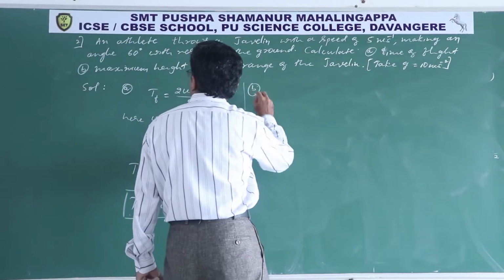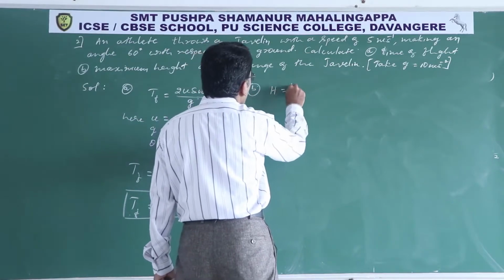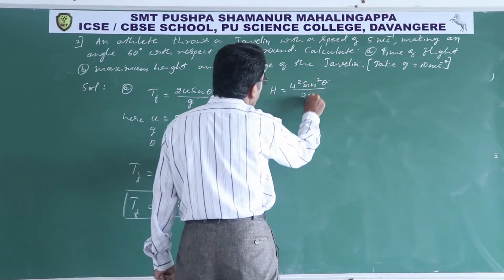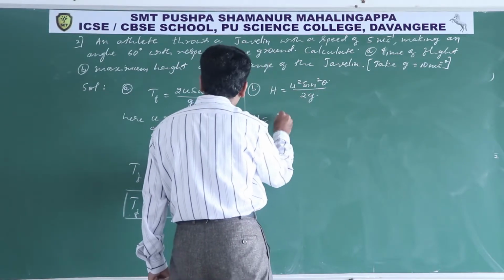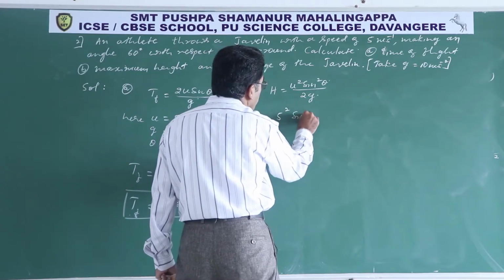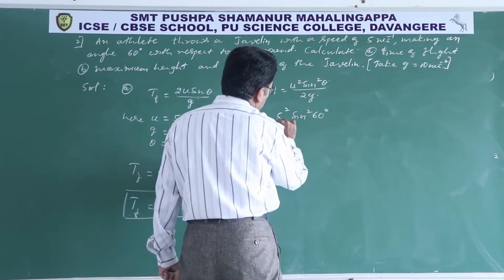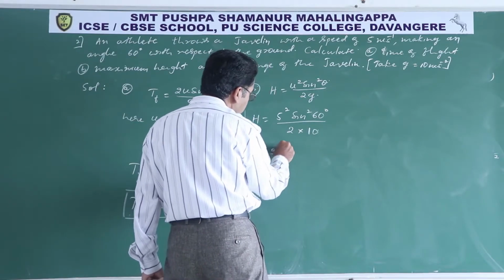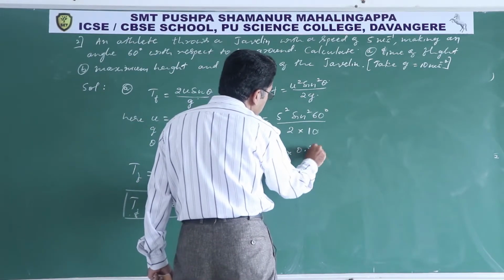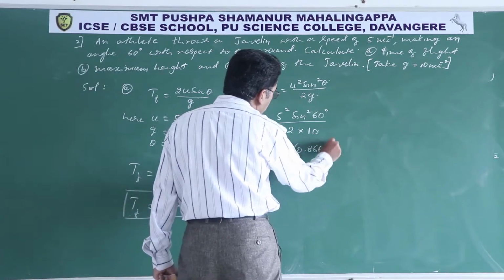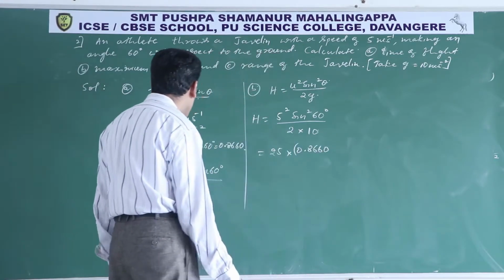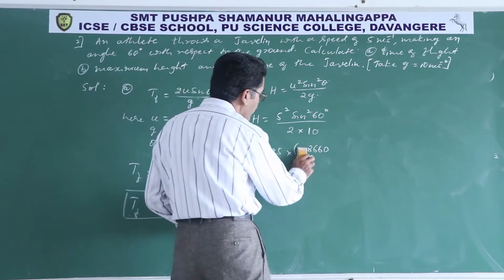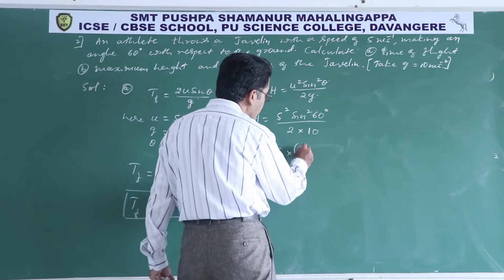B, maximum height, h is equal to u square sin square theta divided by 2g. H is equal to 5 square sin square 60 divided by 2 into 10, 25 into 0.8660 whole square, or you can write root 3 by 2 whole square. It is easy to simplify.